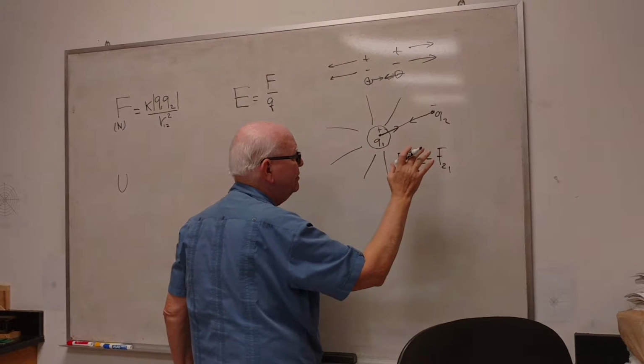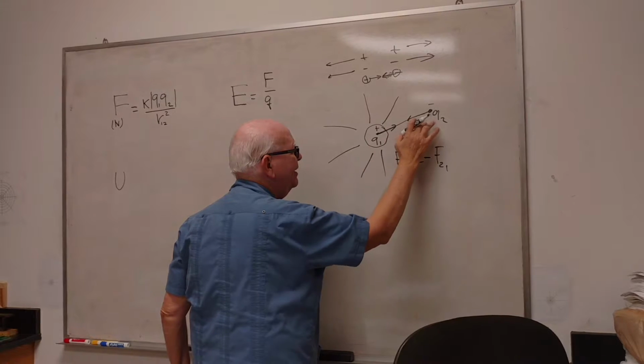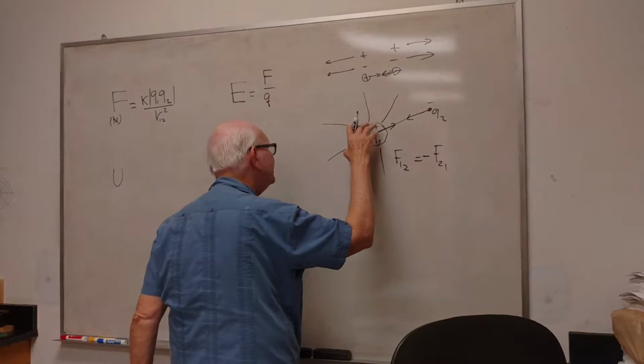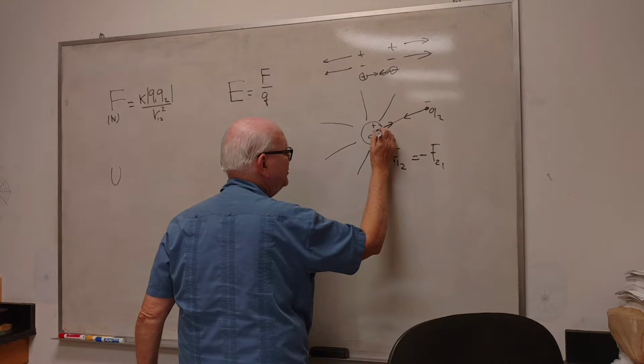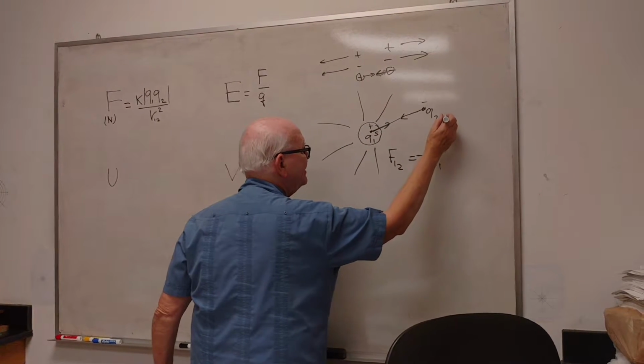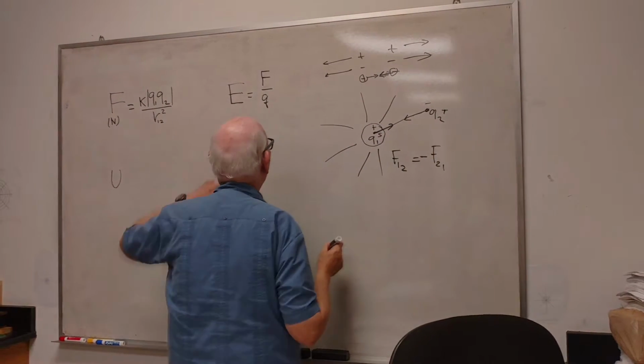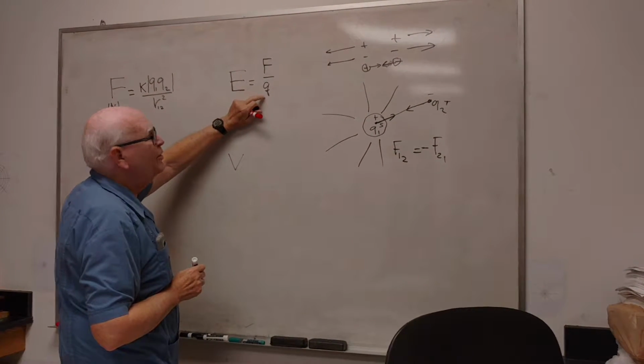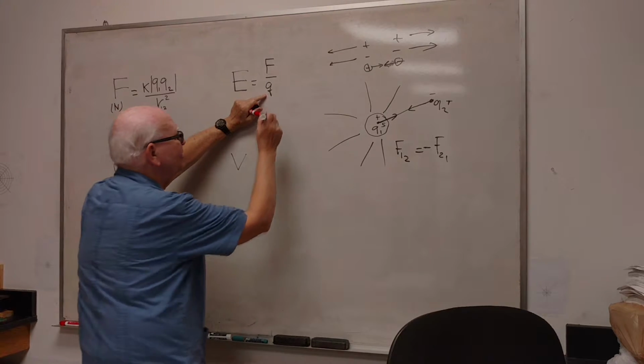It's the same as before. You need two to tango. But now the emphasis is on one of them, which is going to be called the source, arbitrarily, and the other one is going to be called the test charge. So actually, in this definition, this is not the source, this is a test charge.